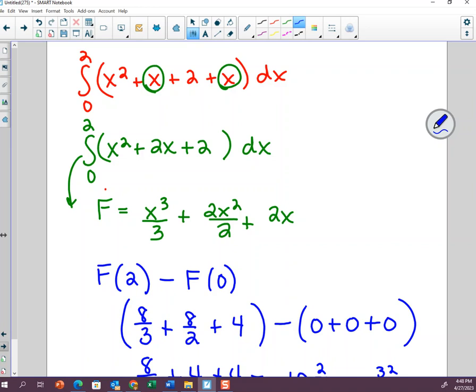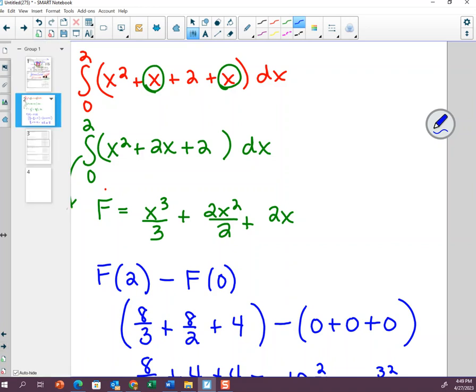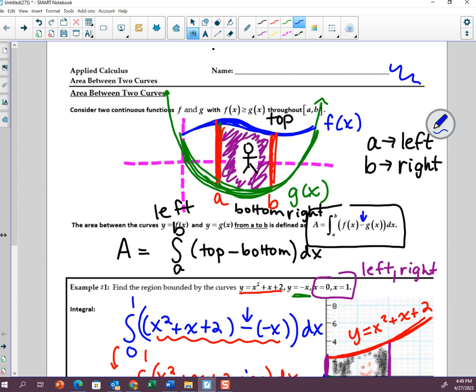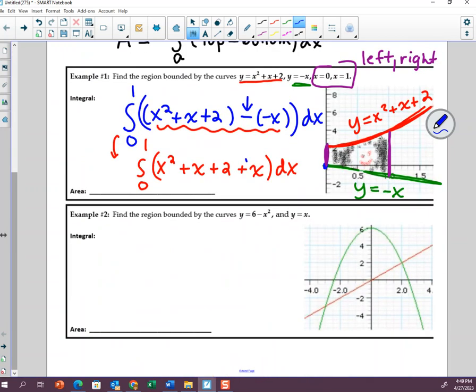So, it's an integral problem to calculate an area. That's not new. The new part is writing your own integral. Okay. Now, in problem number 2, once again, I have a graph for you.